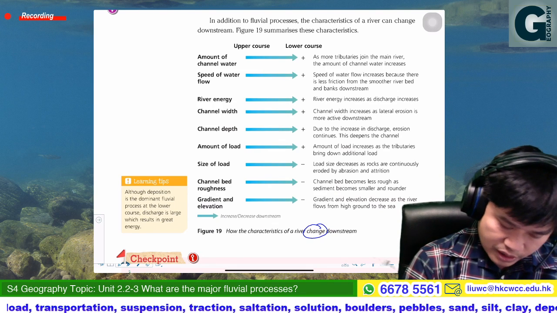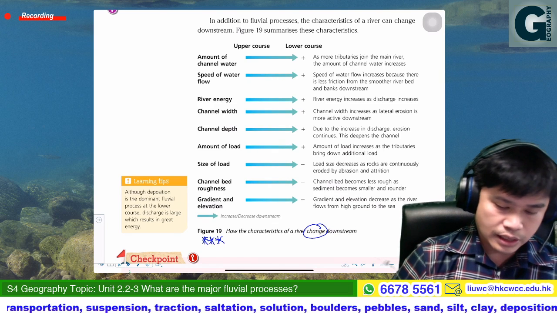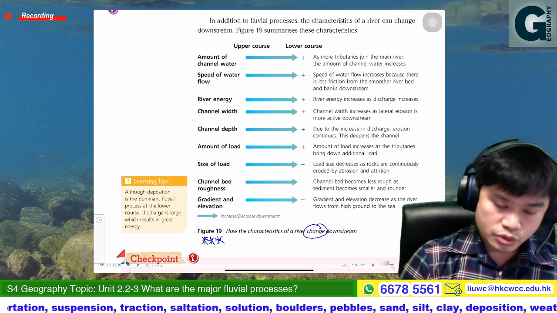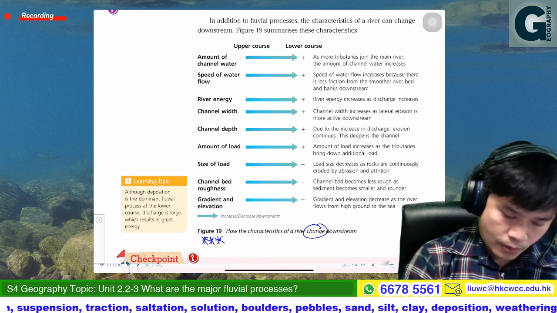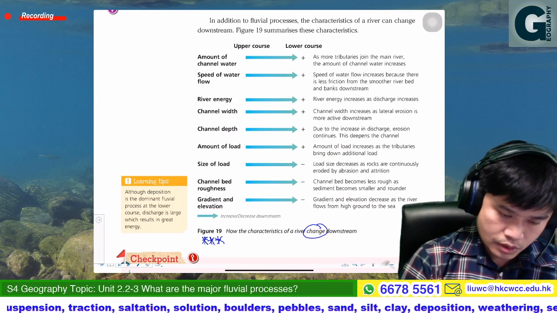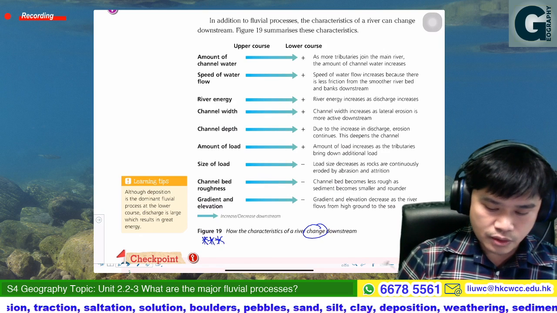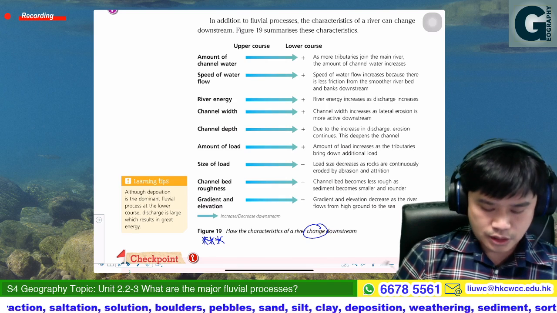And figure 19 here is also an explanation. From the upper course to the lower course, all these elements, all these factors, how they would affect the fluvial process.